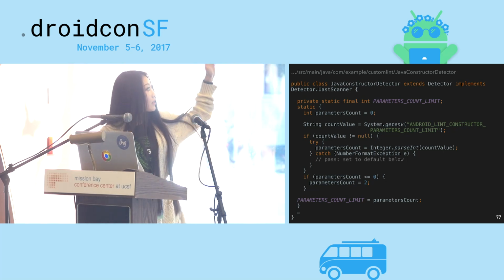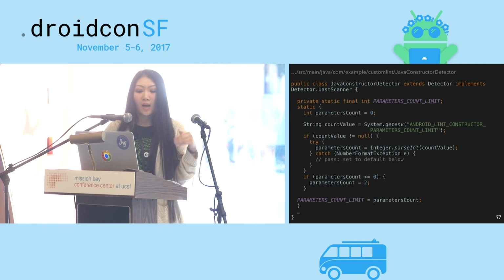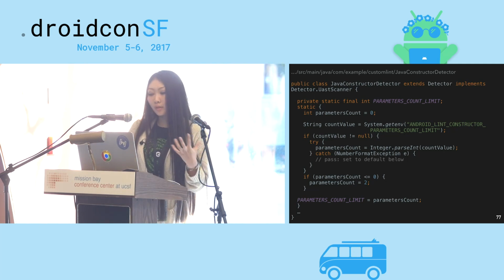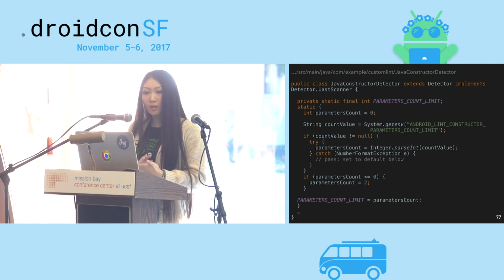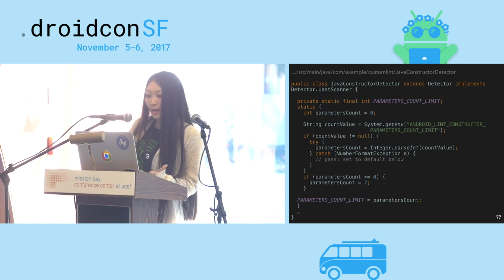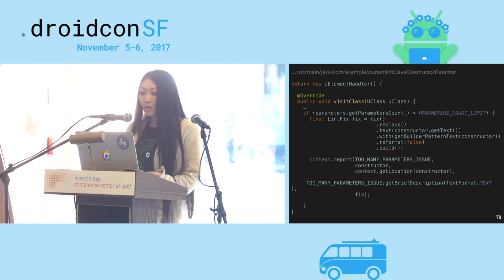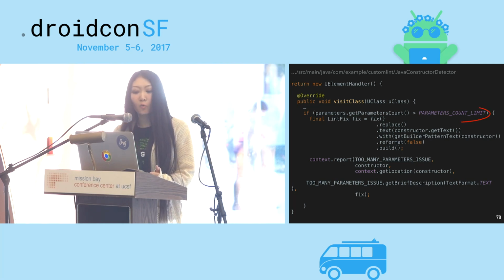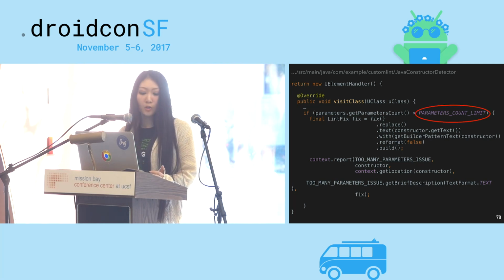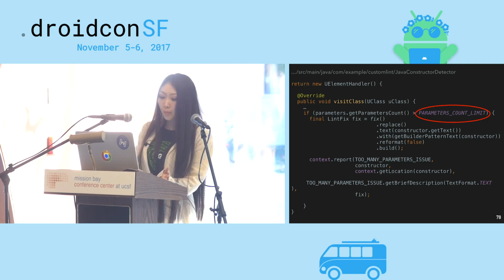And all I'm doing here is some sanity check. I'm seeing if there's a valid value in the environment variable. If not, I'll just use my hard-coded one here. And then don't forget to change it back in the visit class. So see here, I'm using the parameters count limit instead of the hard-coded one that I was using before.